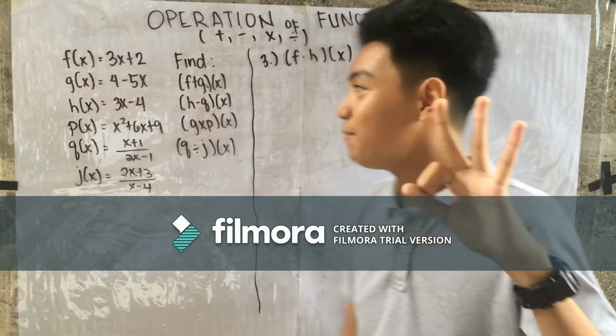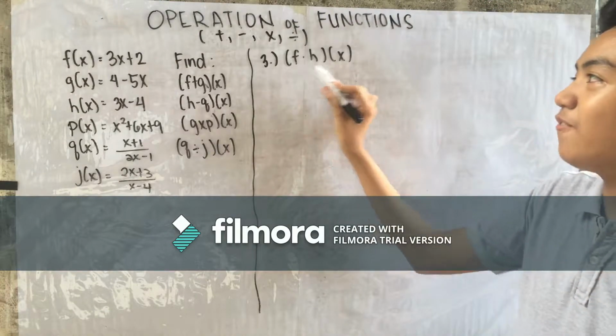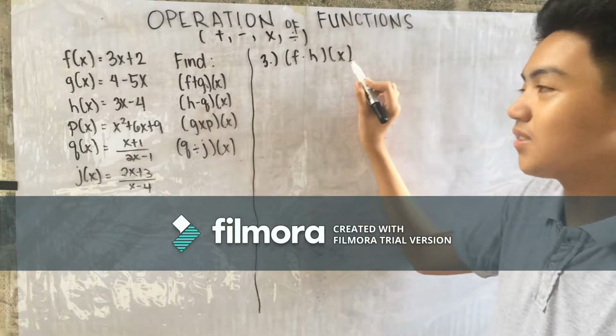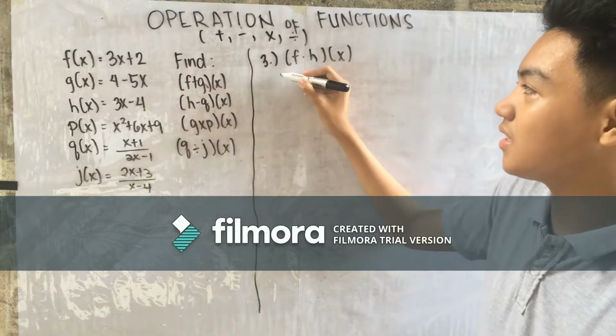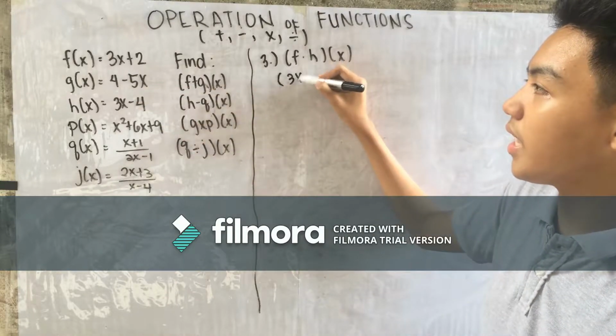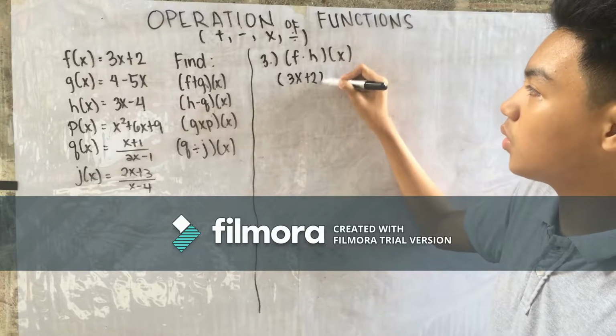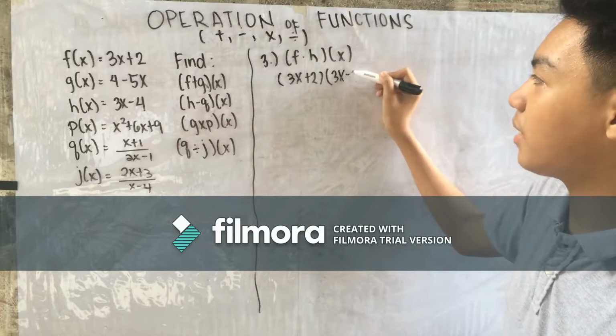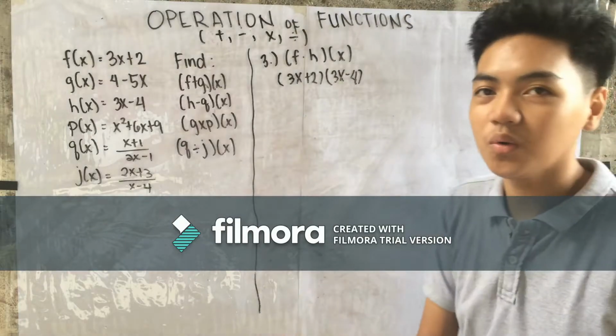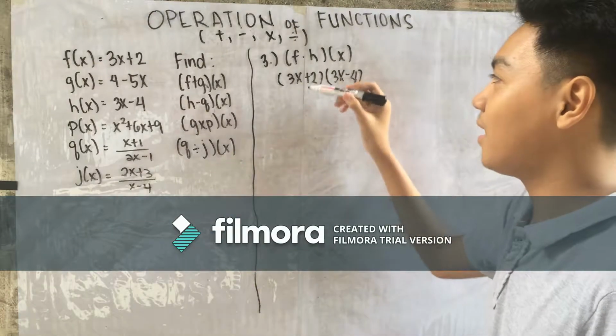So, third example is f of x times h of x. So, again, hanapin ulit natin yung values nila. So, f of x is equals to 3x plus 2 times h of x, 3x minus 4. So, simple lang gagawin dito, ipo-FOIL method lang.